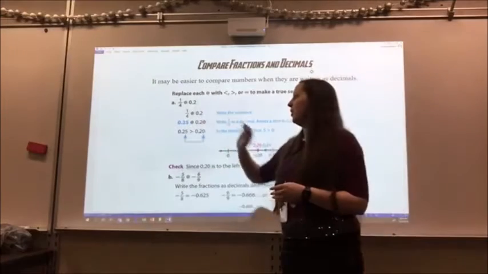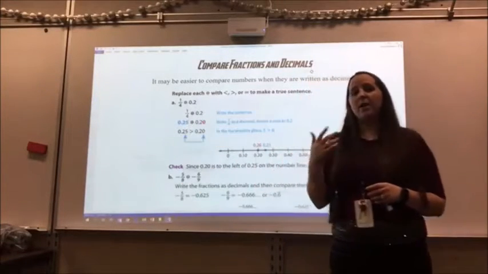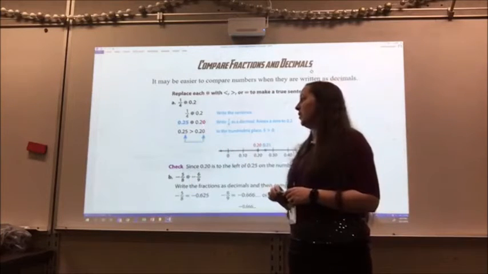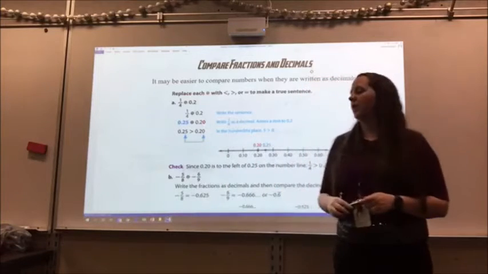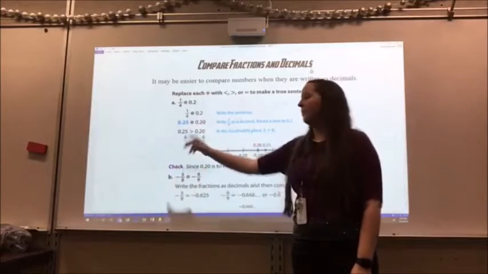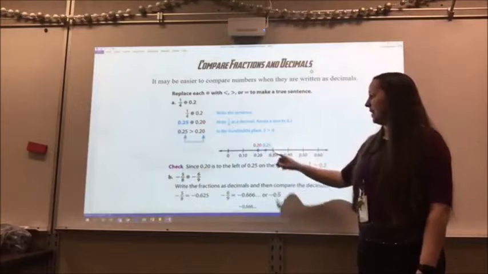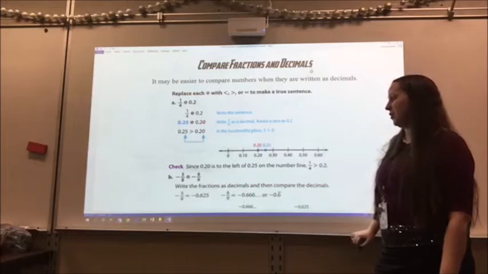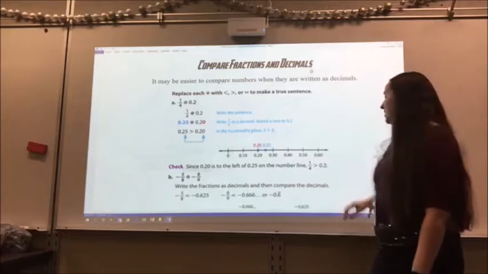So I have 1/4 and 0.2. 1/4 I change to a decimal, so 1 divided by 4 is 0.25. 0.25 compared to 0.20, because I'm going to add that 0 at the end as a placeholder. 25 is bigger than 20, so I'm going to put a greater than sign in there. You can also see on my number line 25 is bigger. So since 0.20 is to the left of 0.25 on the number line, 1/4 is greater than 0.2.